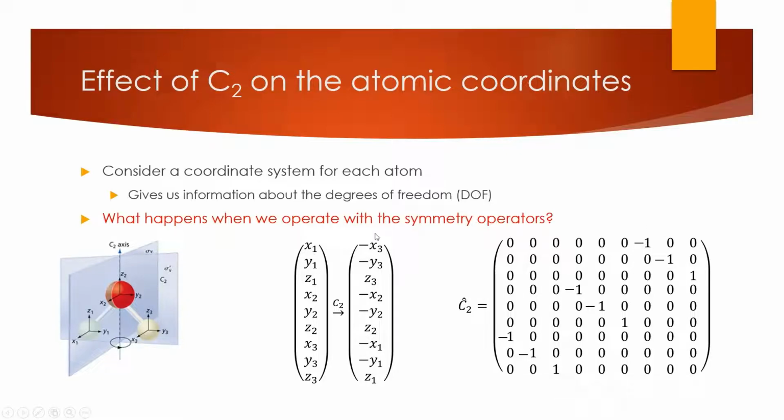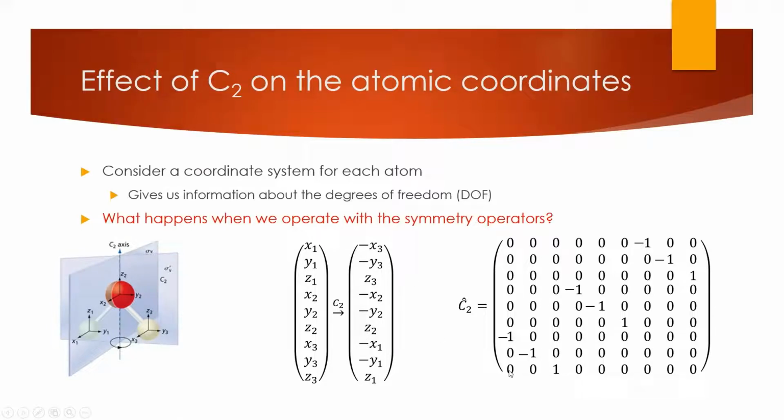So to turn x1 into negative x3, we have to have a negative 1 in the x3 slot. And the same is true for y3. So to turn y1 into negative y3, we need a negative 1 in the y3 slot. And to turn z1 into z3, we need a 1 in the z3 slot. And so we just construct this matrix in this way.